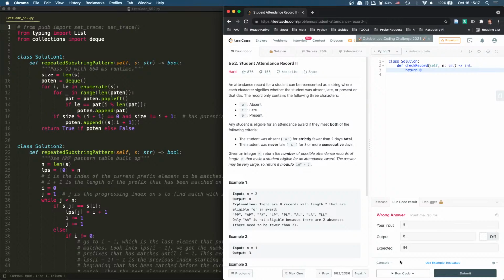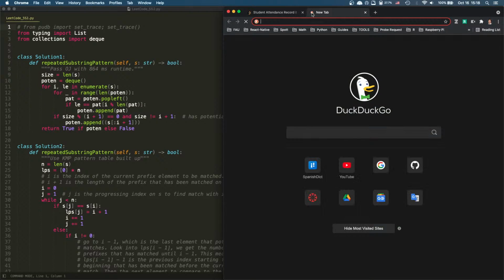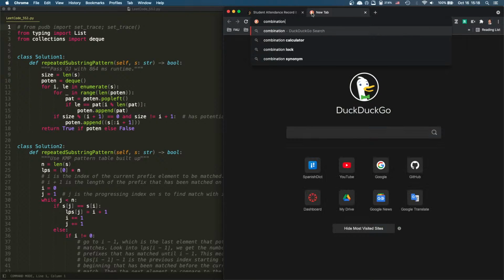Okay. I know the mechanics. But Lord, how do I do this? Like, I understand, but okay, let's first, what's the combination formula?